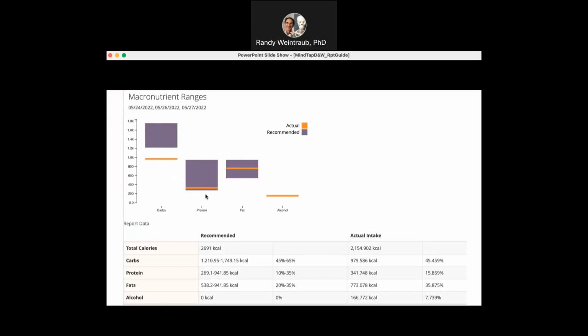So you can see where I am, and actually this is where I've decided my goals are: a bit low in the carbs, a little higher in the protein, and right in the range of fat. Alcohol is shown there, but there's no DRI for alcohol.